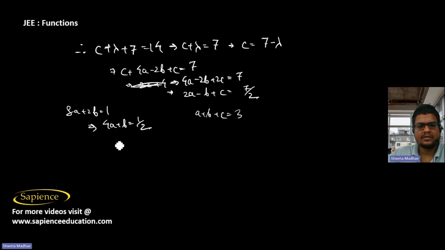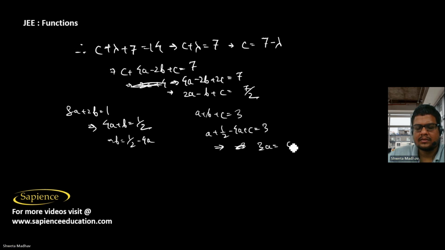So from here we can say that b is equal to half minus 4a. Therefore a plus half minus 4a plus c is equal to 3. So now 3a is equal to c plus half minus 3.